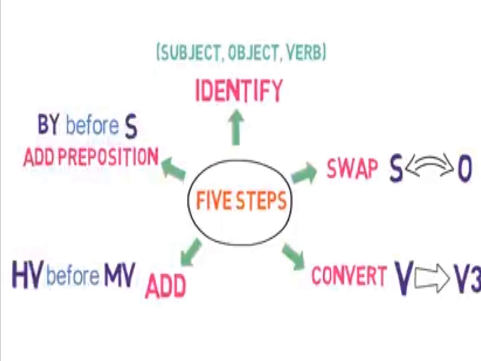You have to add a helping verb to the main verb. And you have to add the preposition before the subject. So, if you do it this way, with these 5 steps, you will be able to transform the sentence easily.